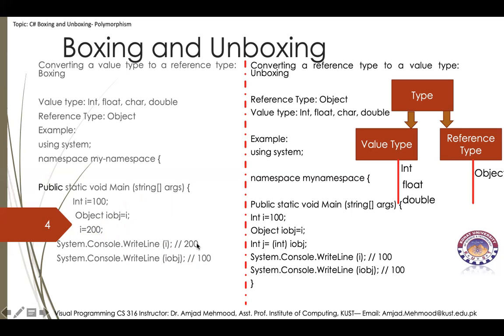So when you display this, you see that I have 100, and the obj value is also 100, because I have replaced i with 200, but in the object variable, I have the value of 100. So you know that you can directly convert the value type to a reference type. This is called boxing. And on the other hand, when the reverse of this happens, this is called unboxing.